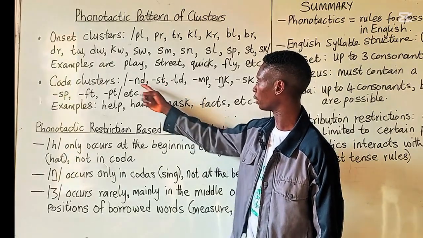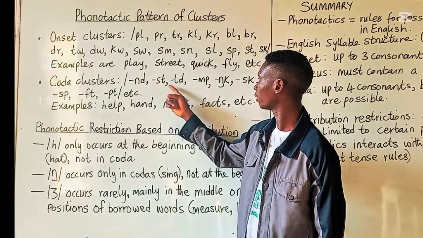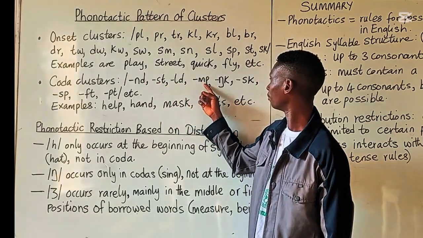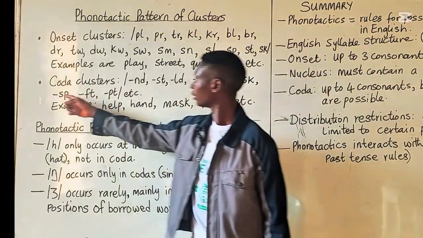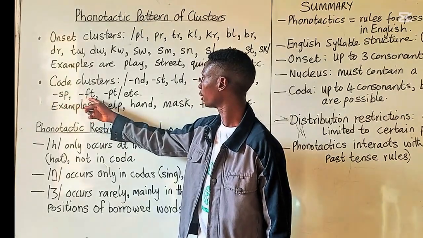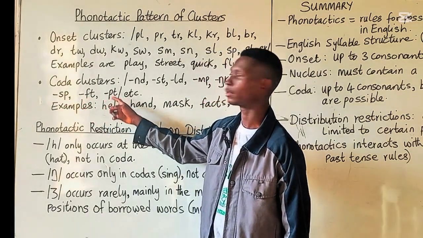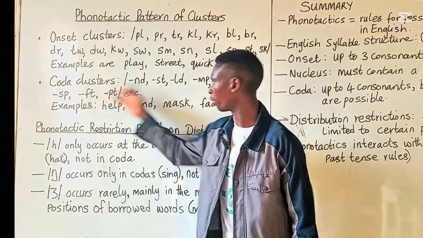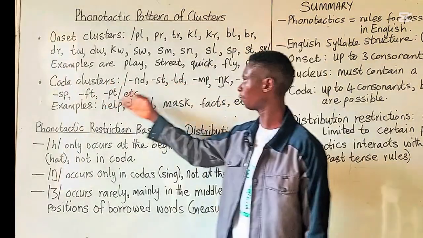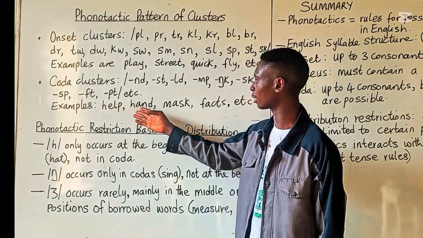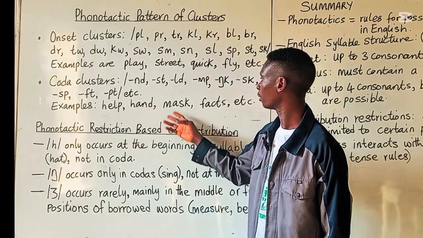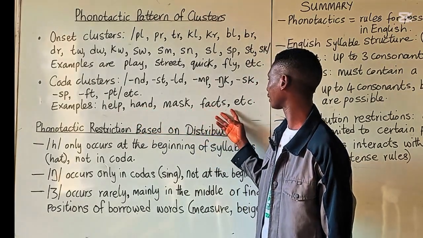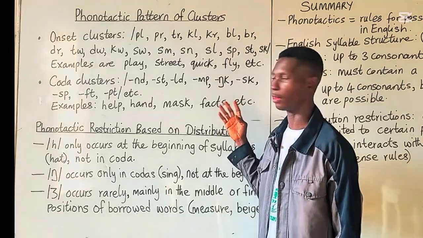So all these are possible. And, st, nd, mp, nk, sk, sp, st. So we can have all these combinations. Examples here include help, hand, mask, facts, and many other words.